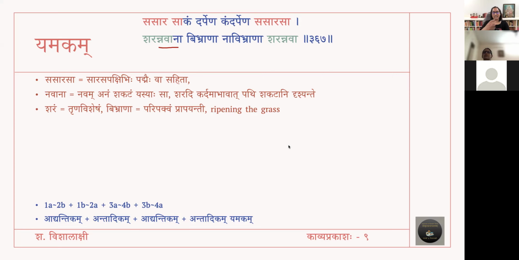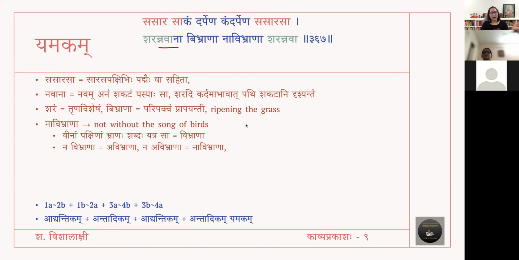So the grass during the autumn season also becomes ripened. So it becomes yellowish as it grows, and then it goes to the last stage where you have to cut it out, right? So just before that, it ripens or nurtures the grass. Trina vishesham sharam bibhrana paripakvam kurvanti. Sa sharat. Navibhrana is one single word here.